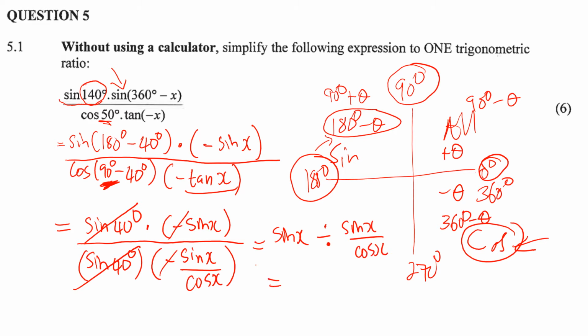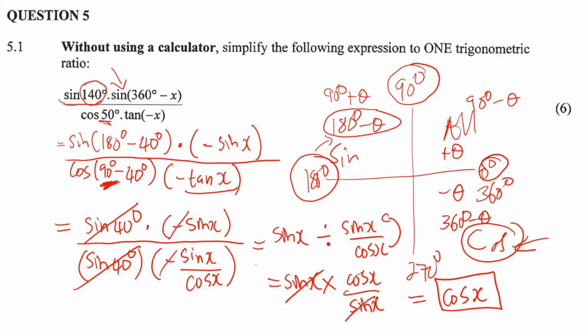If we change division into multiplication, we swap: cos will go up and sine will go down. Sine x and sine x will cancel and we are left with 1 times cos x. The final answer will be cos x. So we have simplified the expression into a single trigonometric ratio, which is cos x.